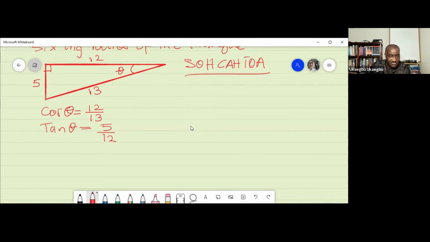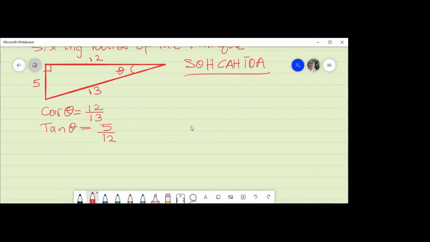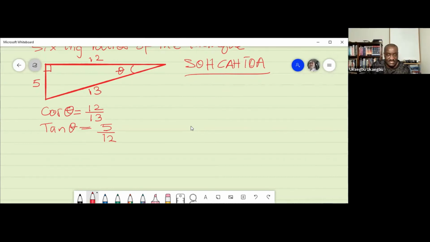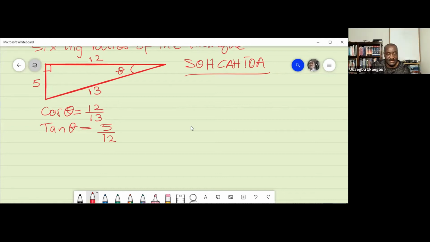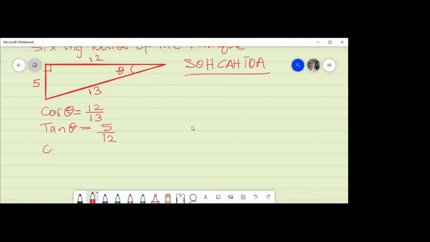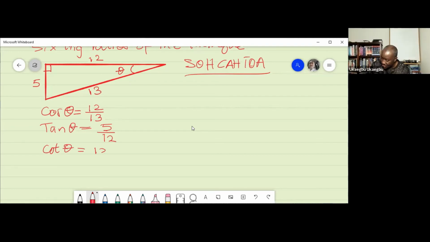Let us know. 12/5. Remember that tangent is opposite over adjacent. I thought you said cotangent. Okay, so now you want to give us cotangent? Yeah. Okay, so let's write it. Cotangent theta is 12/5.